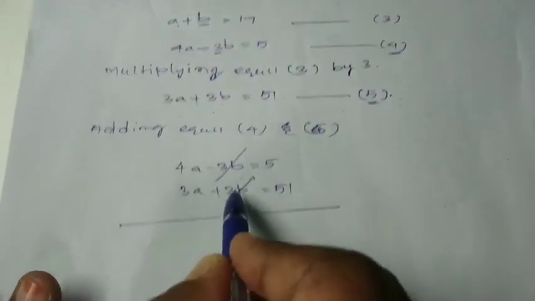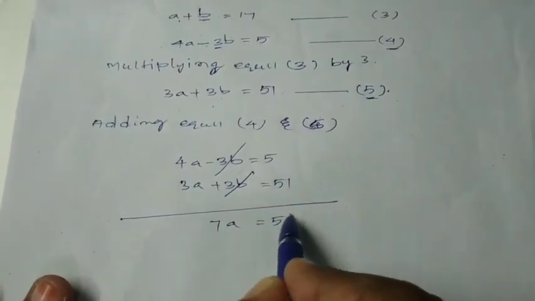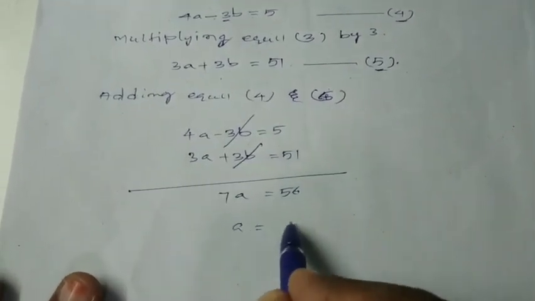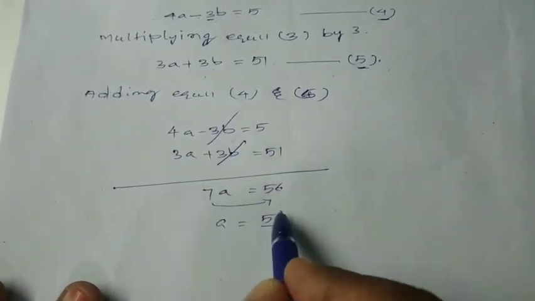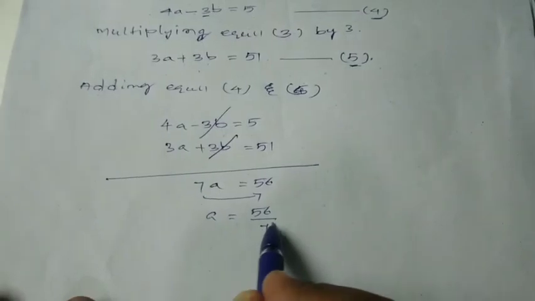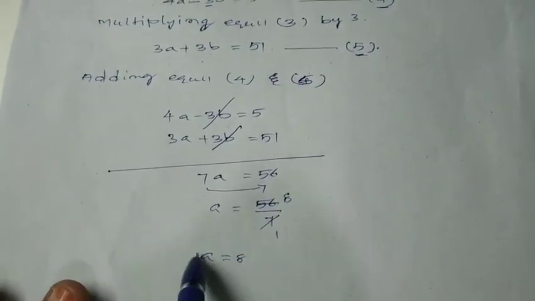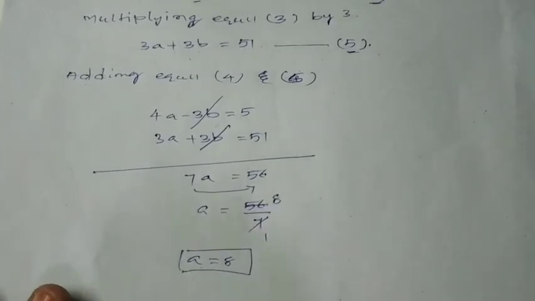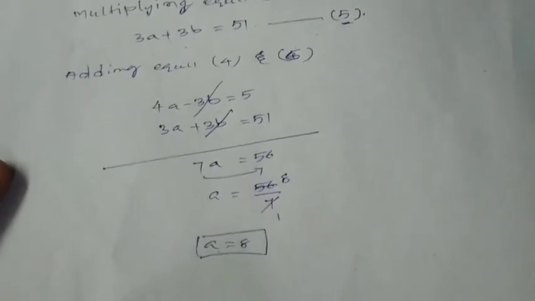Minus 3b plus 3b cancel, 4a plus 3a equal to 7a is equals to 56. A equals to 56 by 7, transfer to RHS side, it divides. 7 ones are 7, 7 8s are 56. A equals to 8.